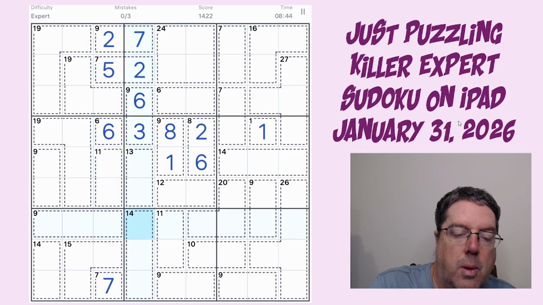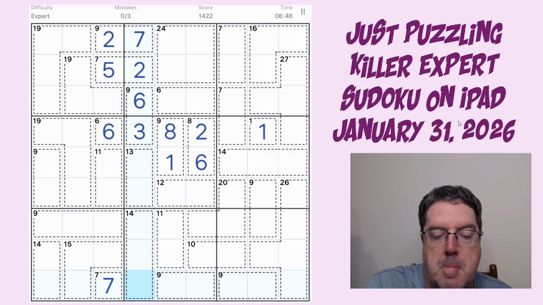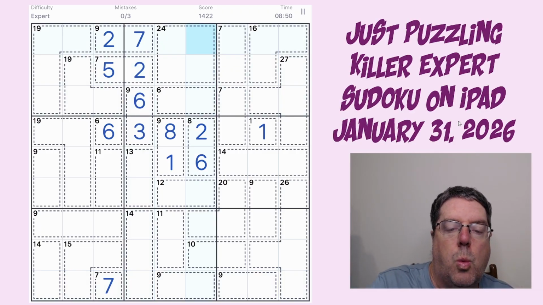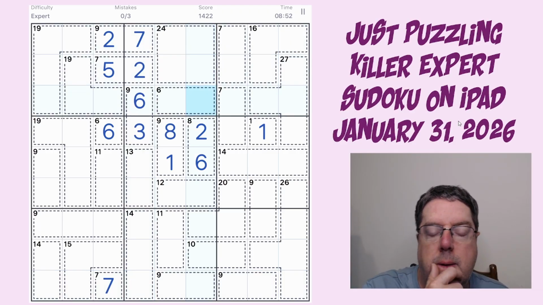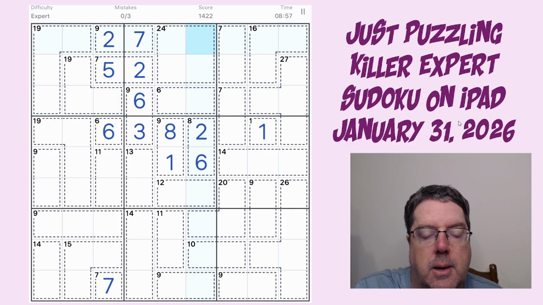Alright, so 1, 8 and 5 are here, which means 1 comes up here somewhere. 8's going to be in here. So this is interesting. This is going to be 8, 9. 2 can't be there.